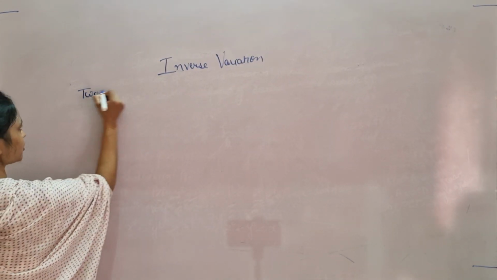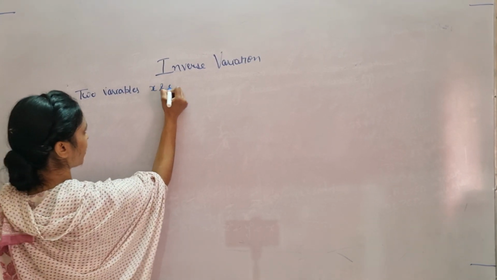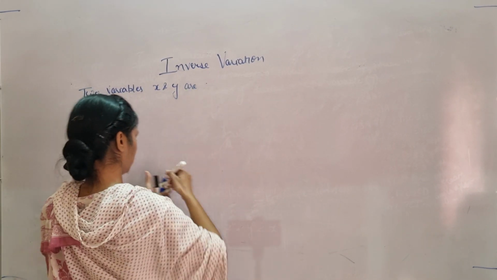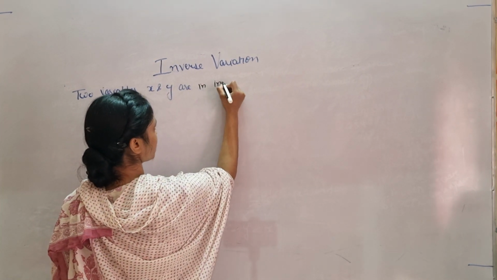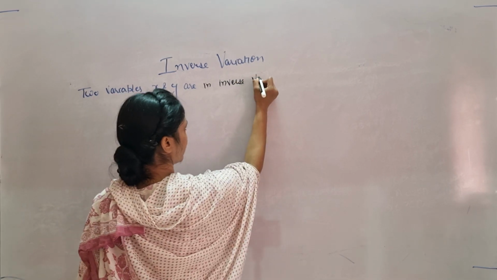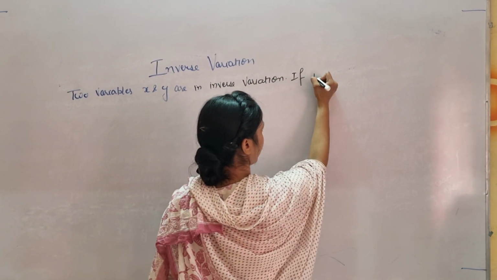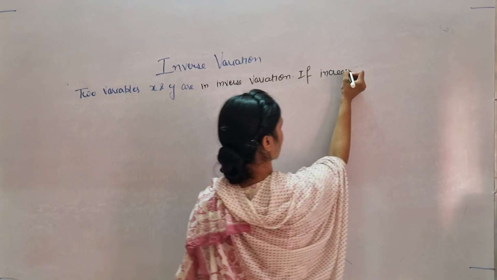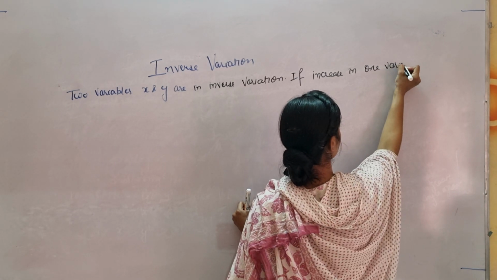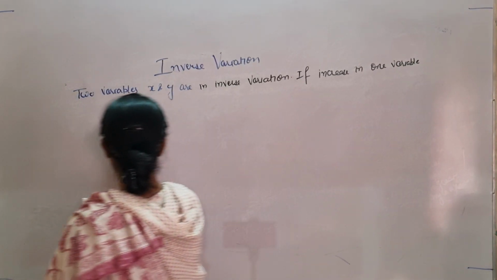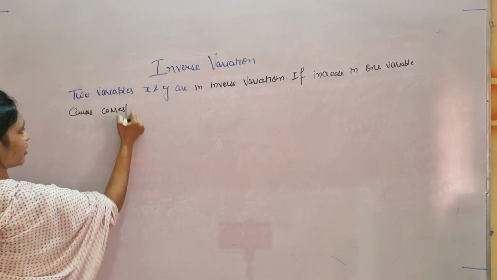Two variables, suppose x and y, are in inverse variation if an increase in one variable causes a corresponding decrease in the second variable.